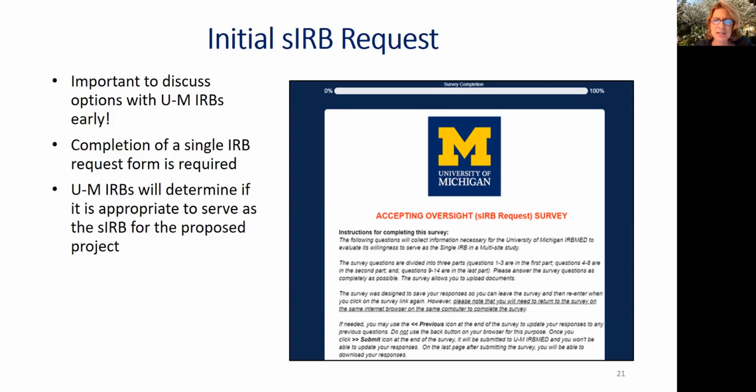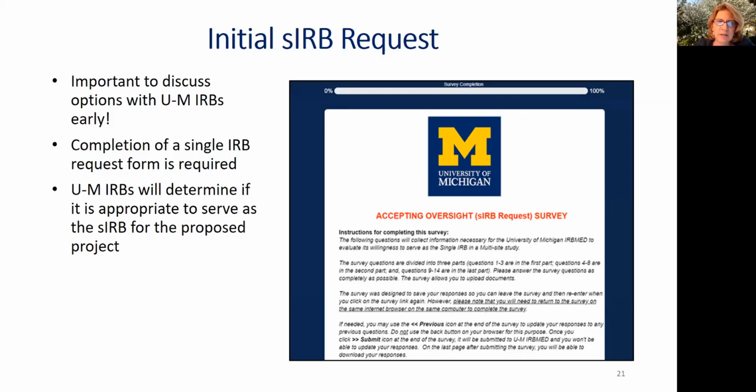But just to get us started, as Cindy pointed out, one of the most important things is to have the PIs or the research administrator, but usually it's a function that falls to the PI or the study team, reach out as early as possible to start talking to the U of M IRBs. And I'll have a slide in a second that goes through those timeframes.